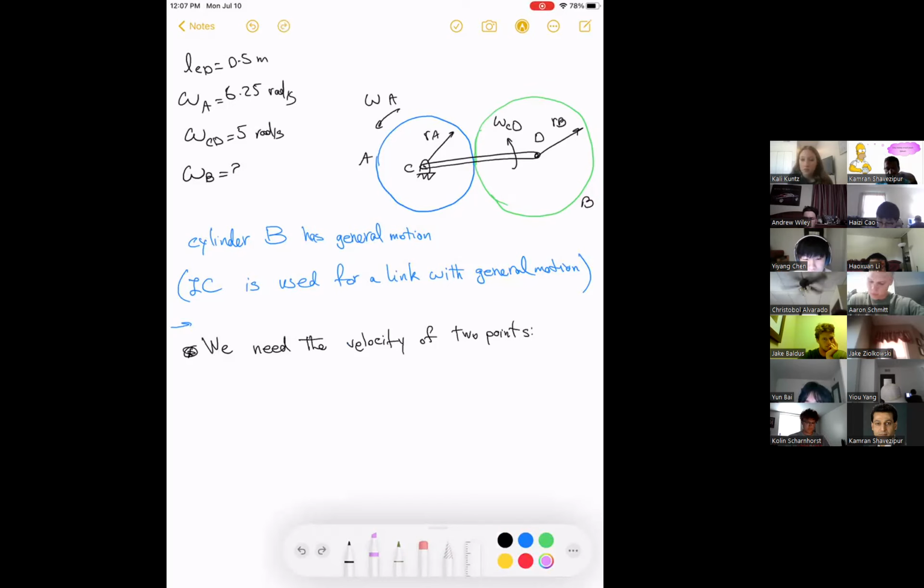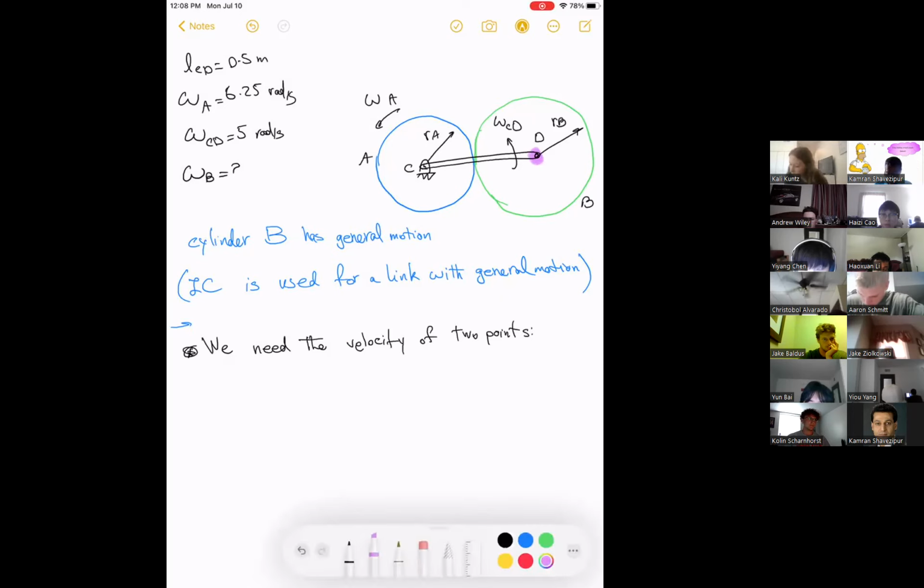Point D, you said? Yeah, point D is a part of CD and also a part of link B. Remember, again, the joints are the points that help us, right? Do I know its velocity?